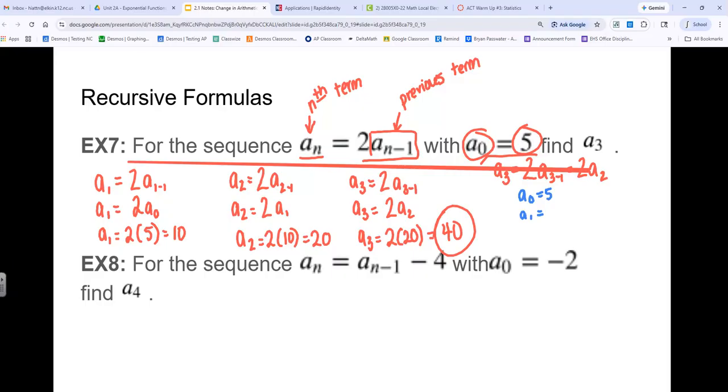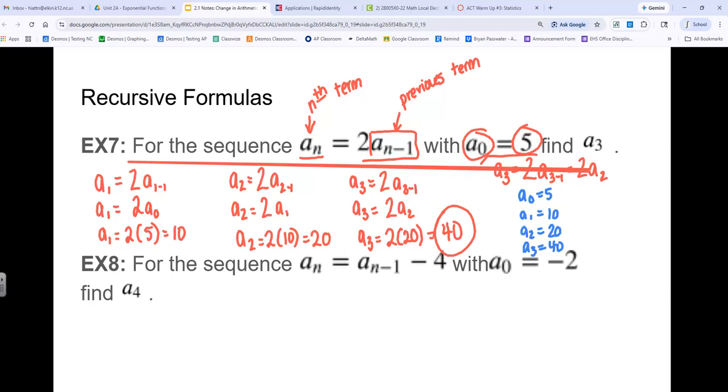A sub n minus 1 is the previous term, right? So that's 2 times 5, which will give me 10. And then a sub 2 would be 2 times 10, which will give me 20. And then a sub 3 would be 2 times 20, which will give me 40. So I wouldn't necessarily write every step of that down for the problem.